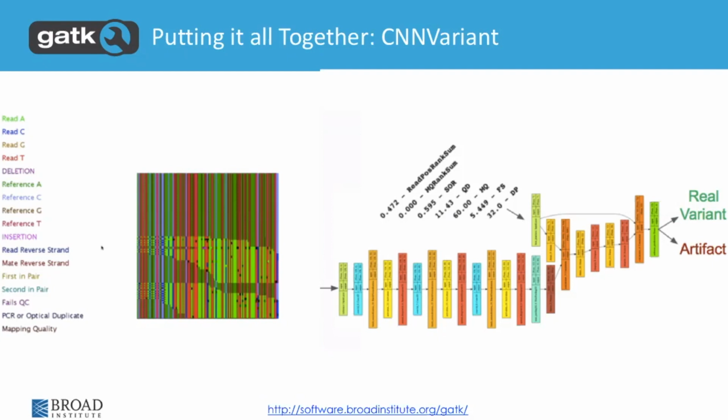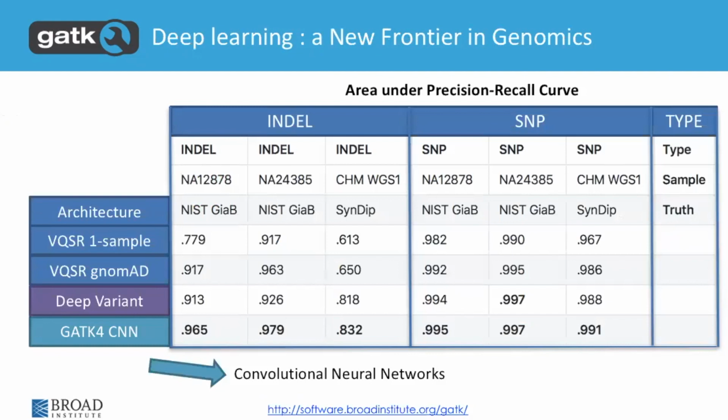And then we get to a point where we also take the annotations, the same annotations we used for VQSR, and we append them to the output of this part of the network. Then we have some dense layers, and finally we output whether it's a real variant or an artifact. And then we train that network, and we get results.